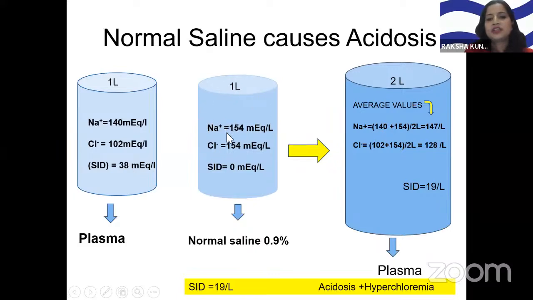When we mix these two, the 2 liter volume in vivo will result in a sodium concentration averaging around 147 per liter and a chloride concentration around 128 per liter, which will result in a strong ion difference of 19. Now, what is it? It is towards the left side. So there will be resultant acidosis as well as hyperchloremia, because the chloride has increased.